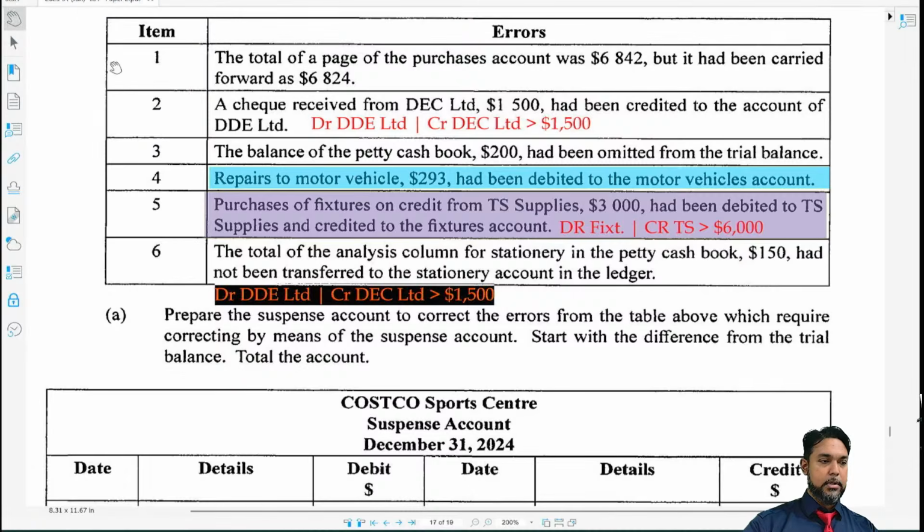I want blue and I want it to be bold. Right. So it was debited to motor vehicle, but it was supposed to be debited to repairs. So debit motor repairs or debit repairs expense. All right, and credit motor vehicles for 293.